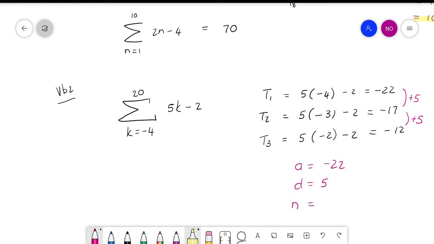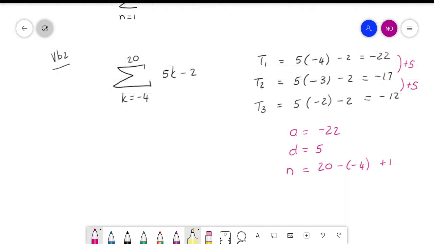Top minus bottom plus 1. So top minus bottom plus 1. Kyk mooi, dis minus minus, né? Okay.